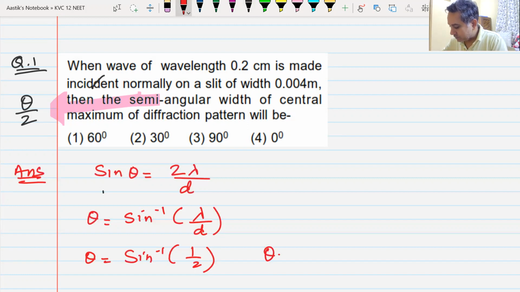So theta becomes your 30 degrees. Okay, we got this? Yes. Okay, then we can do this problem. One more.